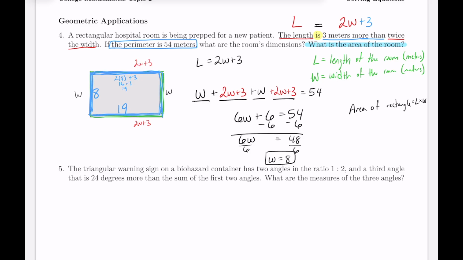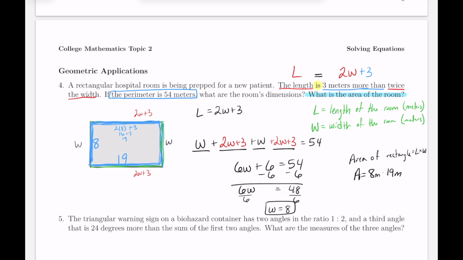It's a very big hospital room. And what we're going to do for that is multiply, right? So area is equal to 8 meters times 19 meters. The next thing we've got to do is multiply 8 times 19. It does come out to be 152. You can do this on a calculator, or the long way.